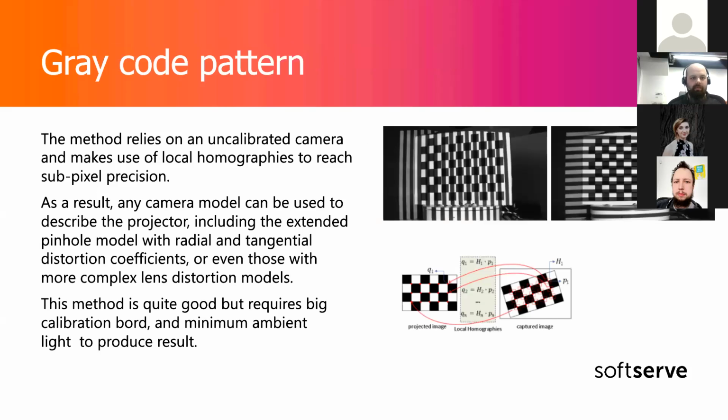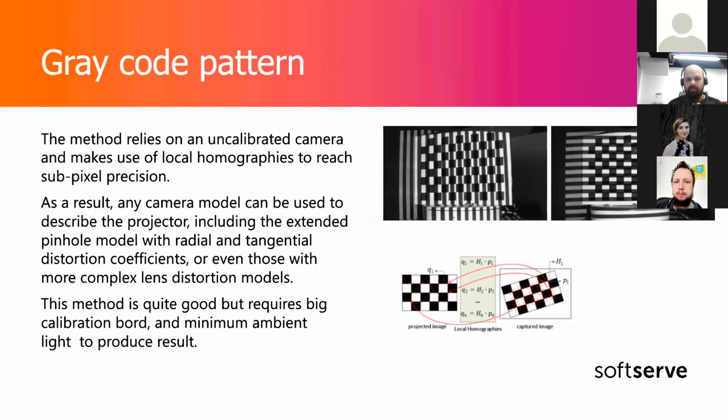So the gray code pattern method relies on an uncalibrated camera and makes use of things called local homographies that can be found between the projector image plane and the captured camera image plane. And what is very good about this method is that calibration of the projector is not relying on the camera calibration.